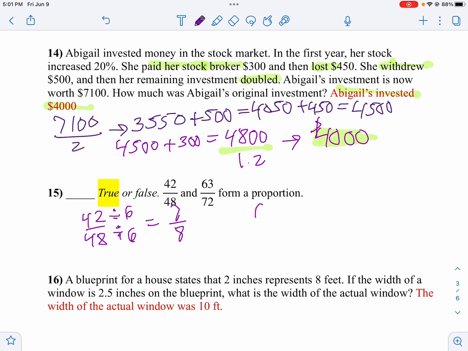Now, does 63 over 72 reduce to 7/8? Well, notice I can divide numerator and denominator by 9. I get 7 over 8. So yes, it reduced. So that one is true. It's a proportion because they're equal.